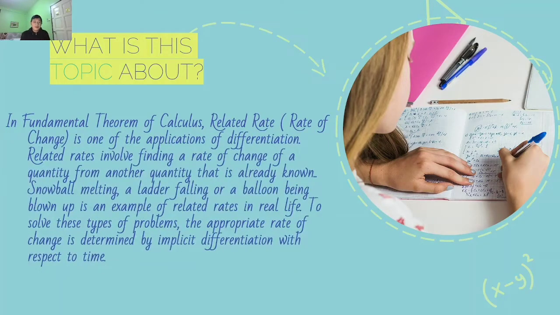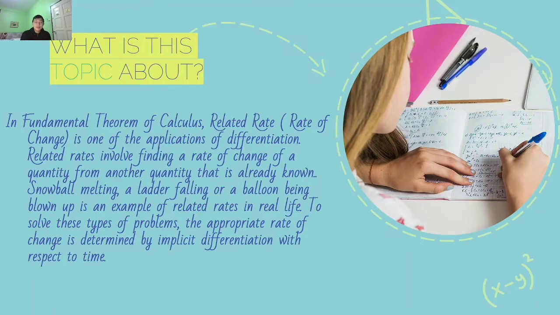So first, what we need to know is what this topic is about. In the fundamental theorem of calculus, related rate or rate of change is one of the applications of differentiation, involving finding a rate of change of a quantity from another quantity that is already known. A snowball melting, a ladder falling, or a balloon being blown up is an example of related rates in real life.